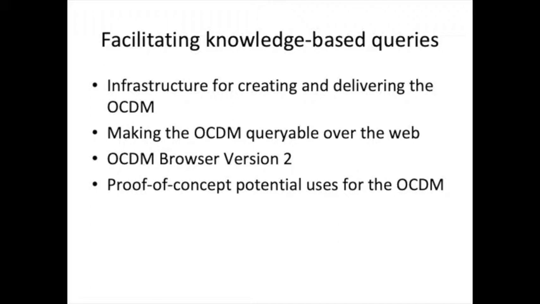In addition to creating these OWL files, we are creating an infrastructure for creating and delivering the OCDM, and for making the OCDM queryable over the web so other applications could ask questions of it, and then showing a proof of concept of one such application, which is the OCDM Browser. We've had various versions of it, and then proof of concept potential uses of the OCDM within this new browser.